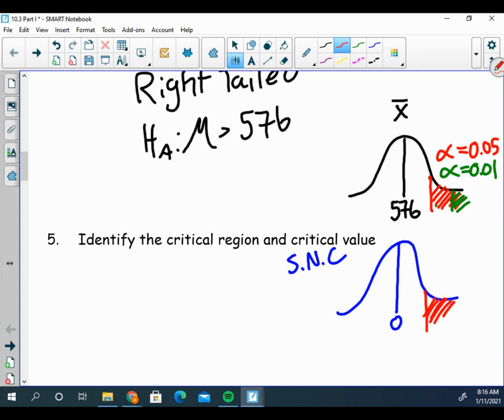Again, for visual sake, I'll draw the same illustration. What we need to do is find both of those cutoff points. The one in red will be for the top 5% of our data. How many standard deviations do we need to go away from our mean to be in the top 5%?